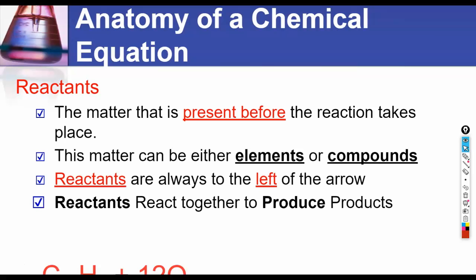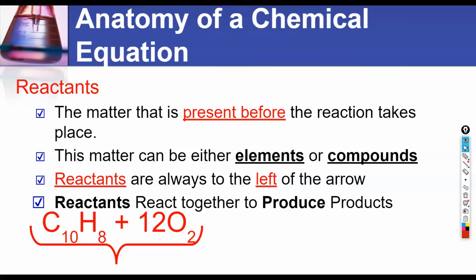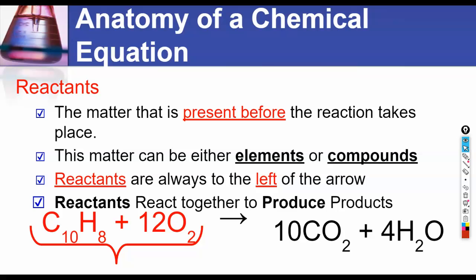And so when you're looking at a chemical equation, what you start with on the left side of the equation, those are called the reactants. Okay, so this is what's being mixed together. This is the matter that is present before the reaction takes place. And then when you mix it together, you get this arrow, and that arrow is a yield arrow or produces arrow. And then on the right side of the equation, you have what's called the products.